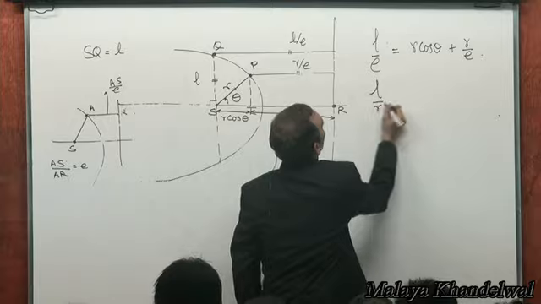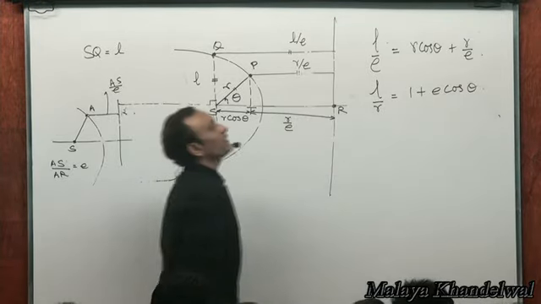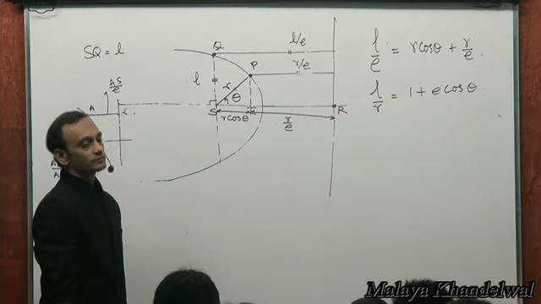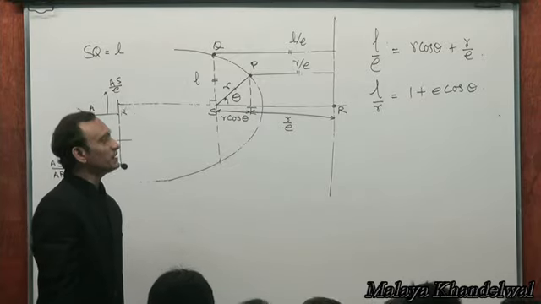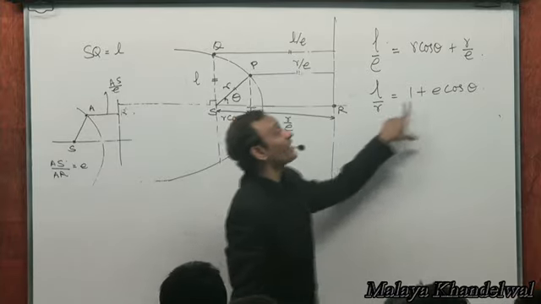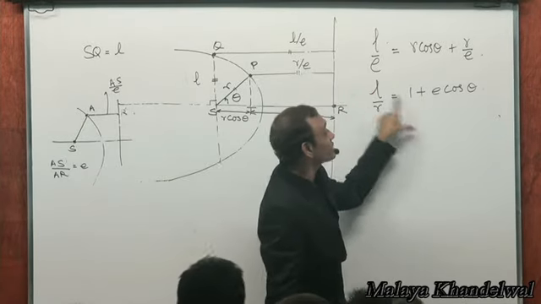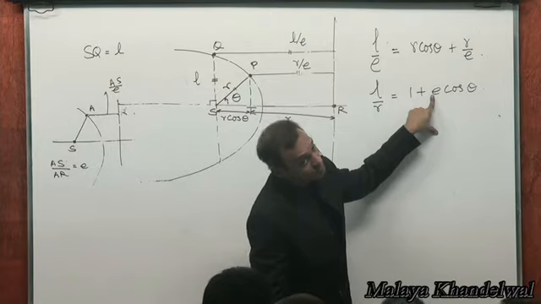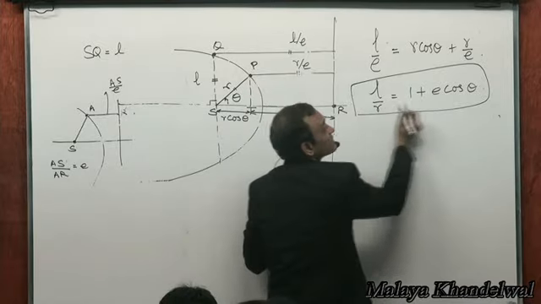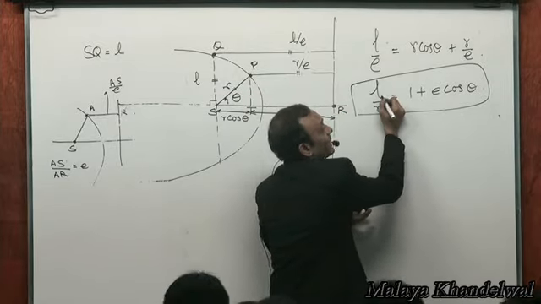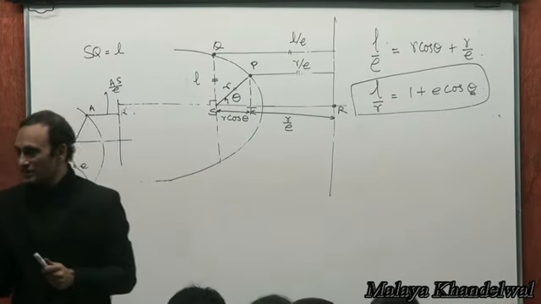L by r therefore must be 1 plus E cos theta, multiplying by E and dividing by r. That's the connection between r and theta of any point on the conic section. L is a property, the semi-latus rectum. E is the eccentricity of the conic section. r is the focal radius. Theta and r designate any point on the conic section.